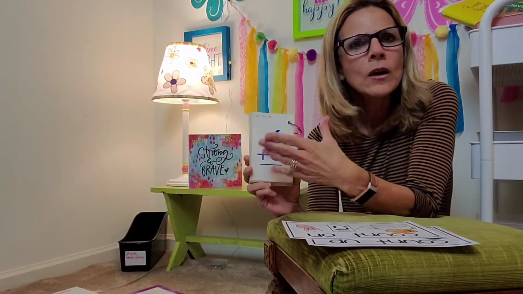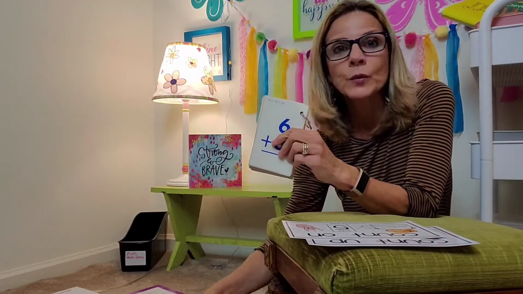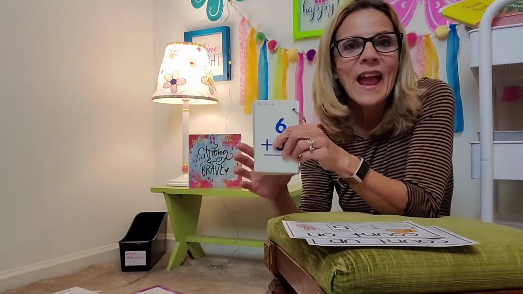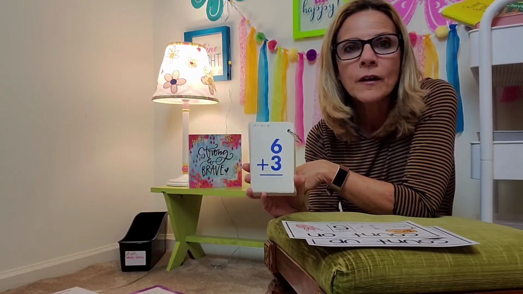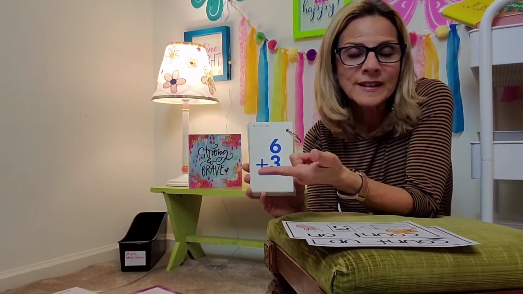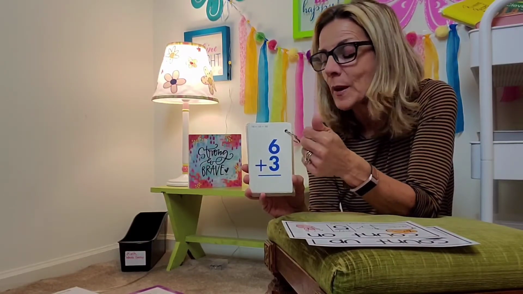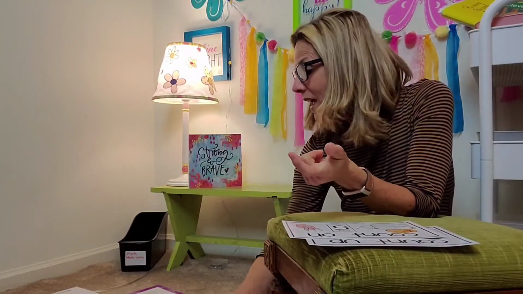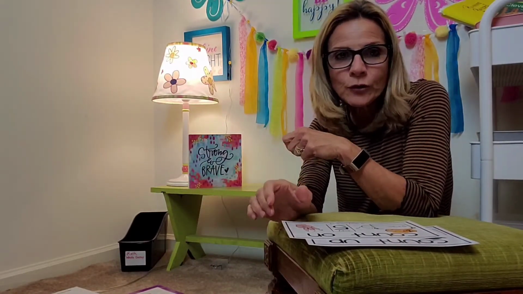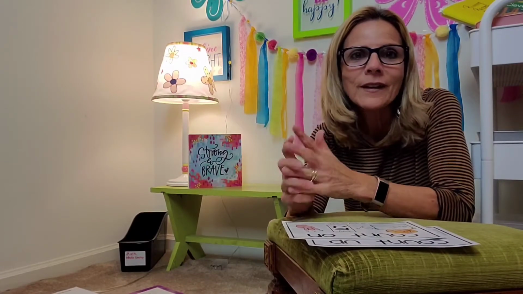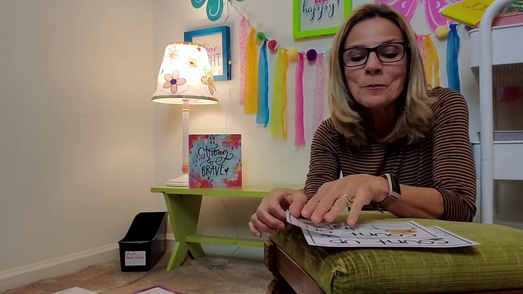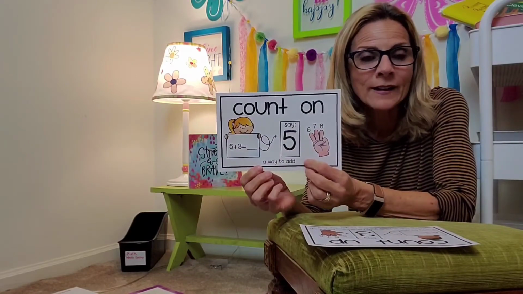All right, now let's use 6 plus 3, 3 plus 6, and let's model out using some of the tools that I have to solve this math problem. So here we go. The first thing that your child may want to use is what's already available, their digits. So we call this counting on.